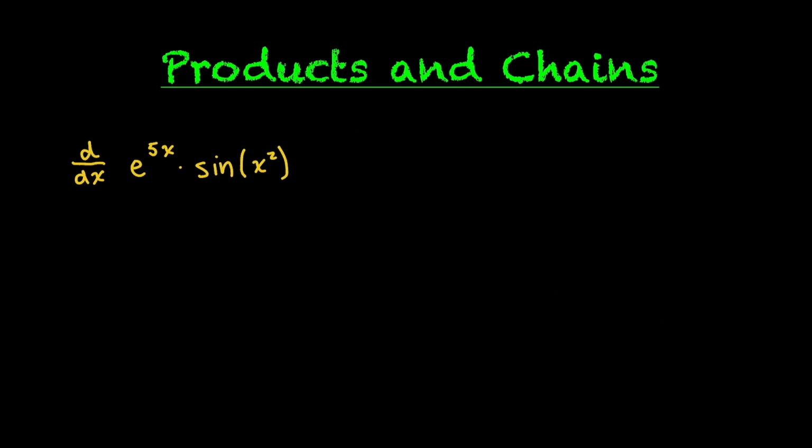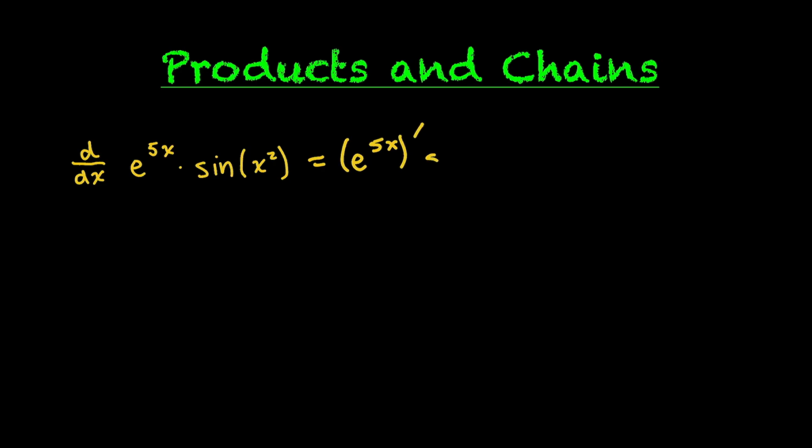And finally, I want to take a look at one more example where we have to use chain rules along with product rules. Now here, prime notation is very helpful because it does slow your mind down so that you can actually see these chain rules. So again, the general principle is the same, that we're going to take the derivative of one function, e to the 5x, and I'm just going to write that in prime notation.